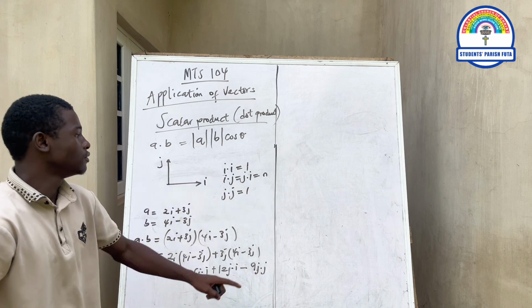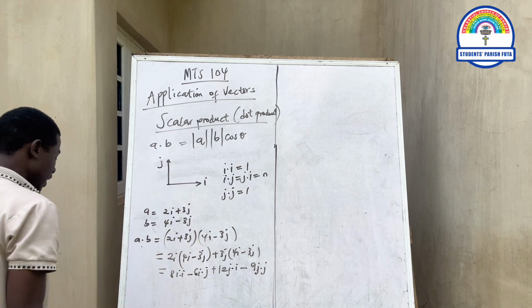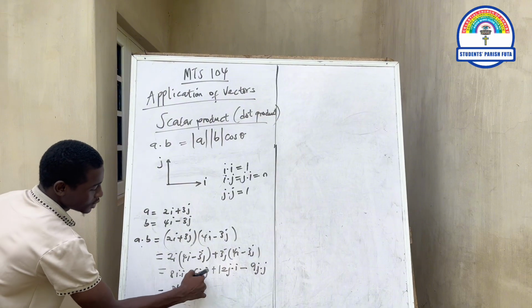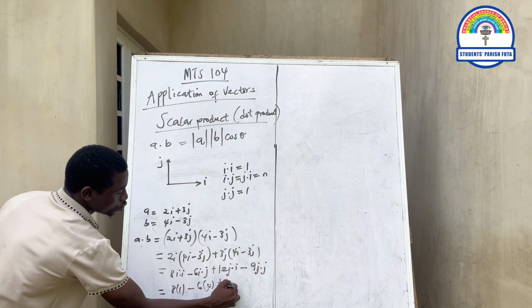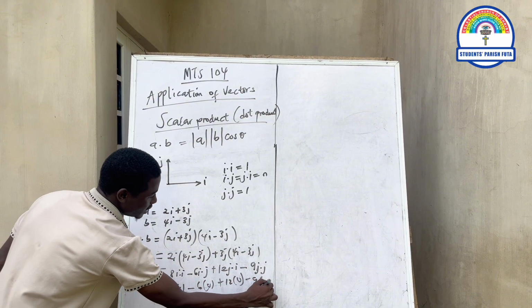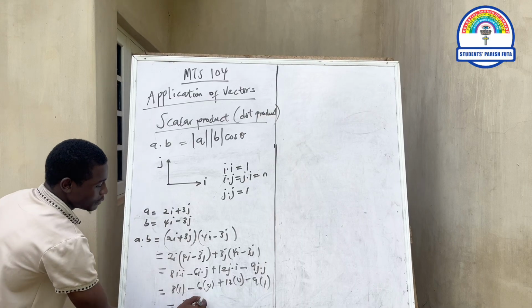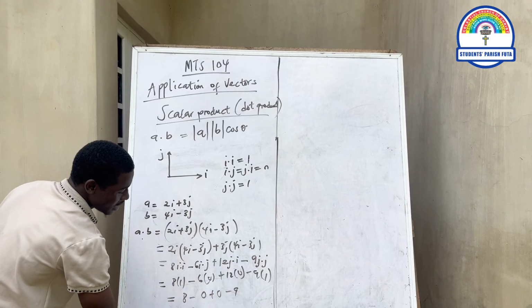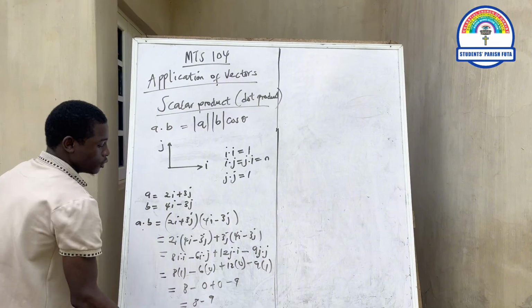Recall that i dot i gives you 1, and i dot j equals j dot i equals 0. So 8 times 1 is 8, minus 6 times 0, plus 12 times 0, minus 9 times 1. You should have 8 minus 0 plus 0 minus 9. 8 minus 9 should give you minus 1.